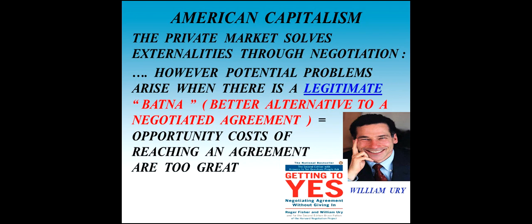A BATNA is a better alternative to a negotiated agreement, meaning that the opportunity cost of reaching some sort of negotiated settlement or agreement is too great. Now, a BATNA needs to be legitimate. Notice I have here a legitimate BATNA, meaning that there really has to be some substantial opportunity cost being given up that prohibits the parties from reaching a compromise, if you will, or negotiated agreement.